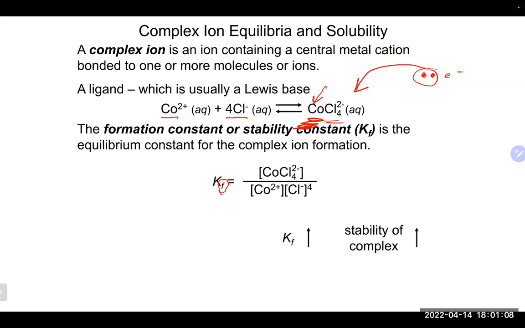Things definitely, unlike KSP, things want to form complex ions. As we will see shortly here, Kf values are usually super large values. So unlike KSP, where they're like very, very small, the formation of a complex ion is usually very much favored, and we see very large values. We actually saw this idea occur in group 1 when you were doing your silver test.